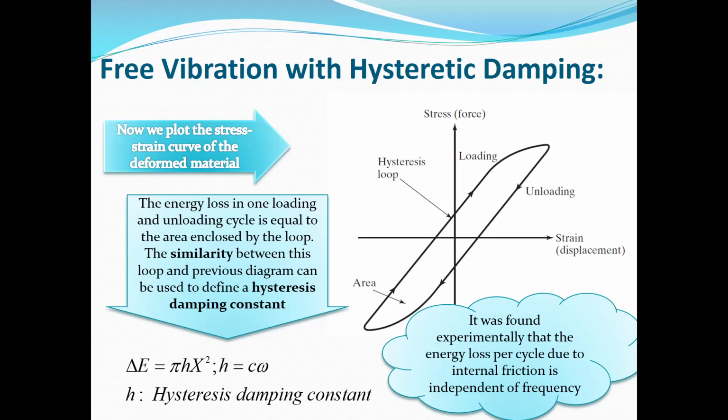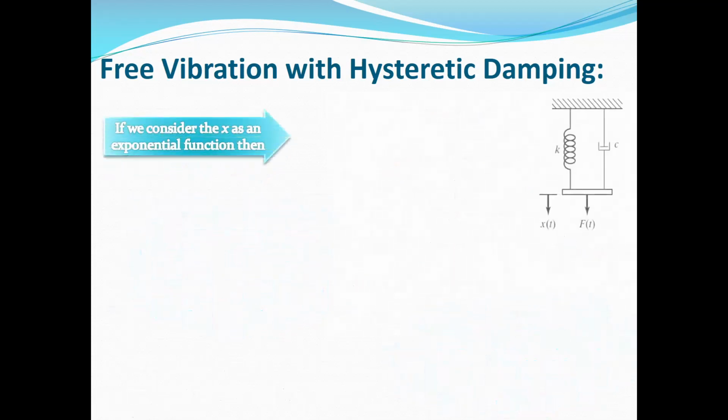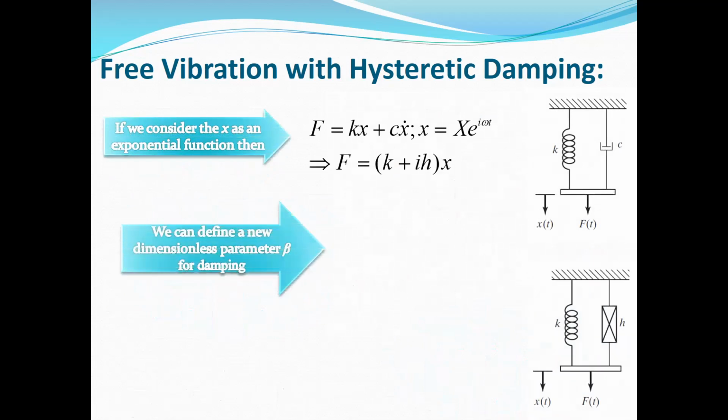So we need to expand this H and find a new parameter, using the mathematical equation by considering x in exponential form. As you know, we can consider the response in sine, or a combination of sine and cosine functions, or we can consider it as an exponential term when we have an underdamped motion.